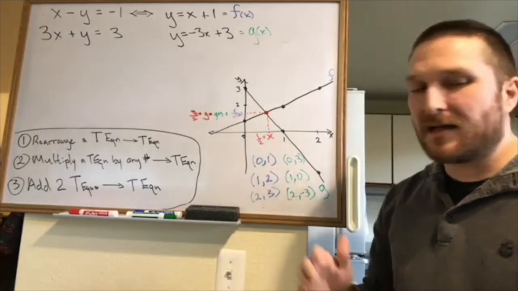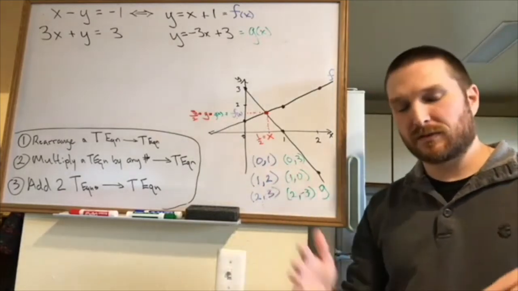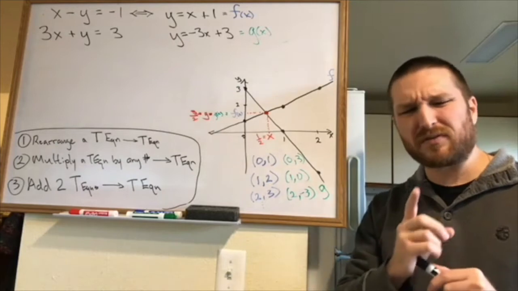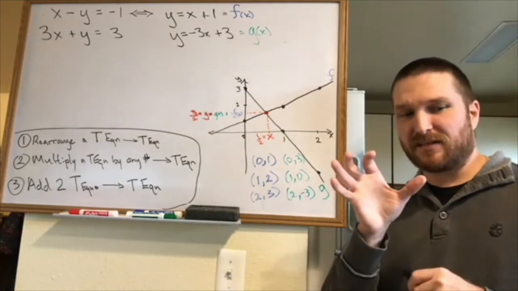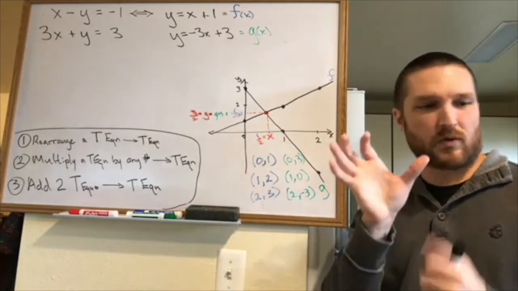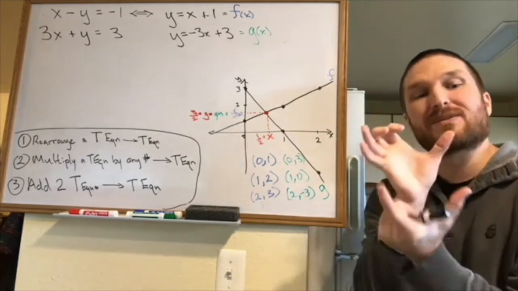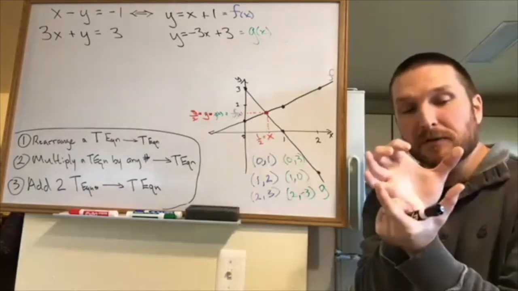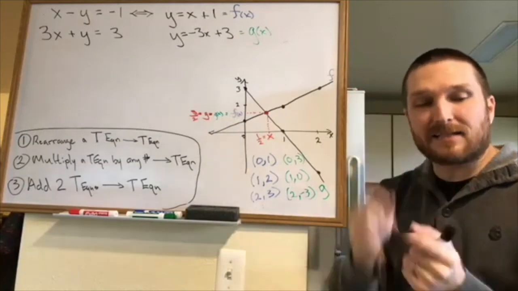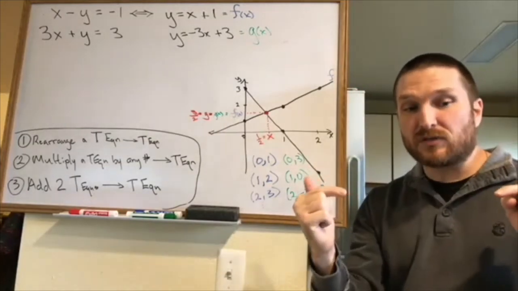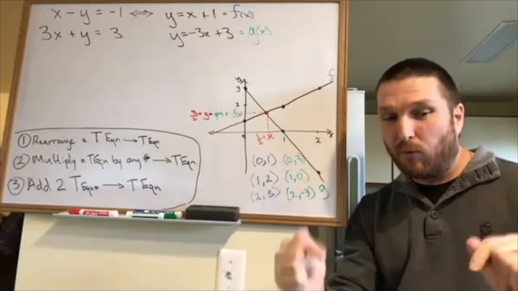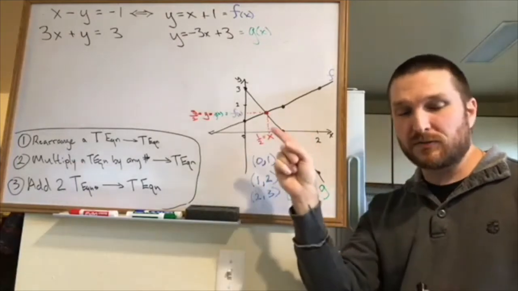Now we add two true equations. Remember the very first thing we did? I contrived an example where I said x equals 1, y equals 2. And as long as that was simultaneously true, then we added it together, got a new equation, and it was true at that same point. That's what's going to be true here.